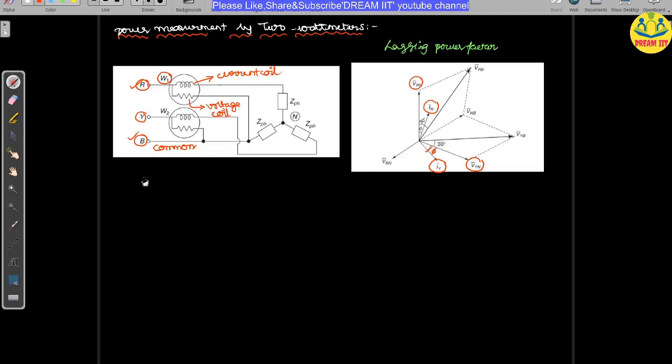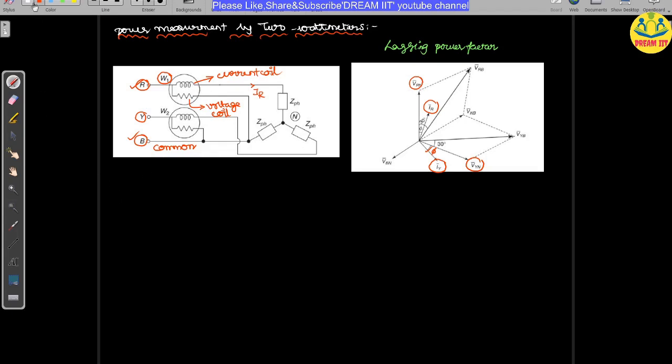If you observe here, whenever you have a diagram like this, see the current, I will draw the current, that is IR. IR is the current entering. In the case of star, the phase current and line current are both the same. So let us see what is the current flowing through the wattmeter.